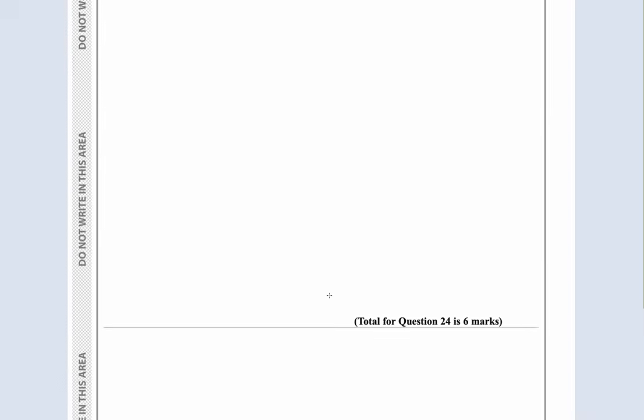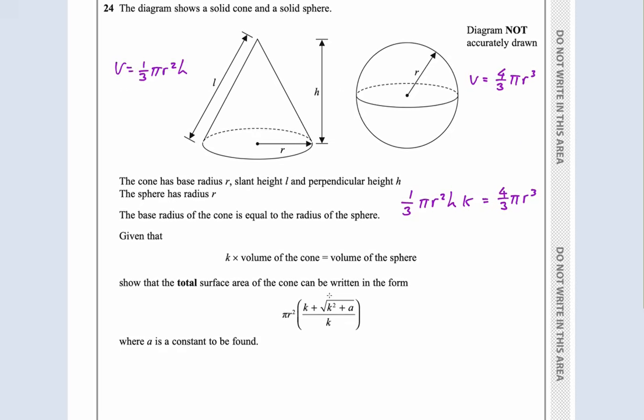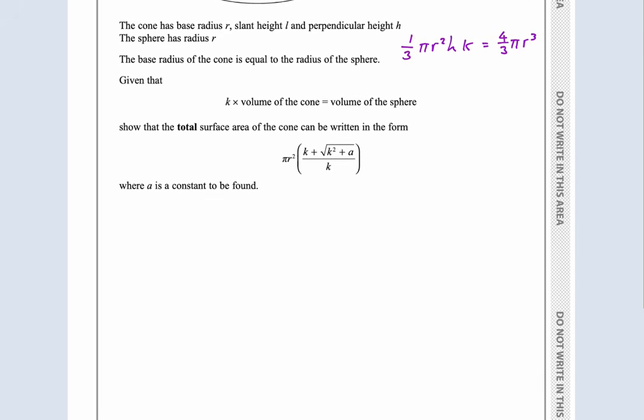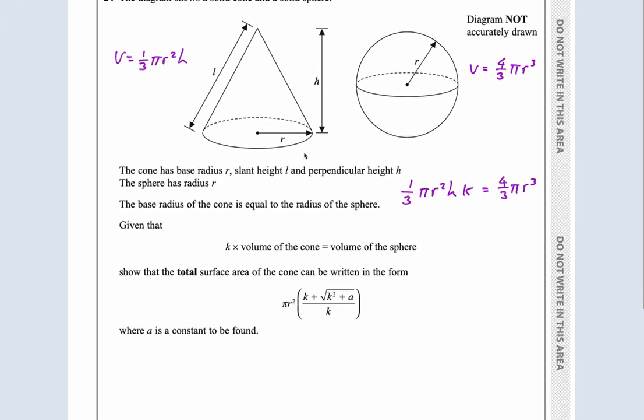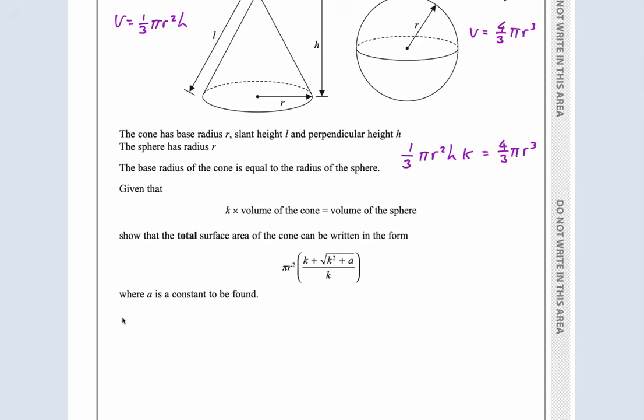Guys, this is a 6-mark question, obviously very difficult. So the total surface area of a cone is equal to the area of the circle, which is pi r squared, plus the curved surface area of the cone, which in the formula sheet also, guys, is pi r L.